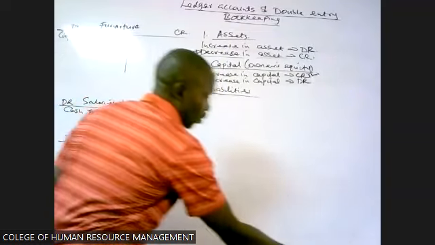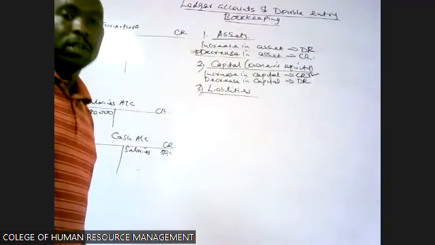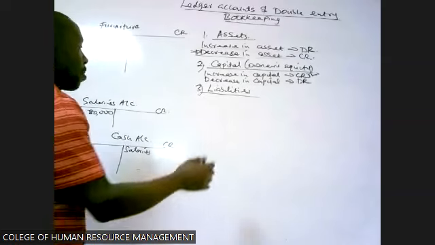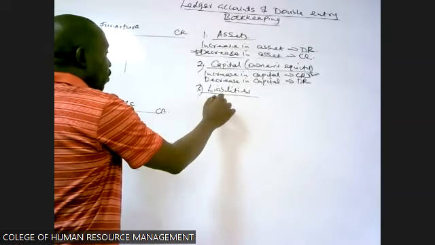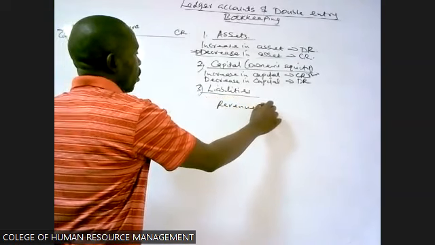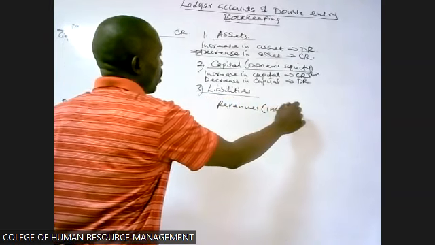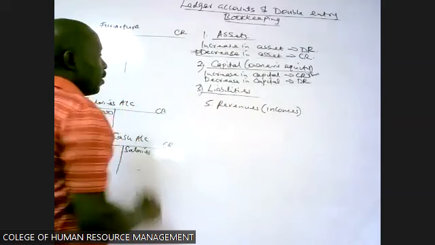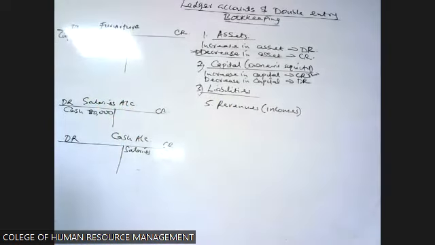I want to talk about one more item, then we shall conclude. We have got what we call revenues or incomes. These are the sources of income.